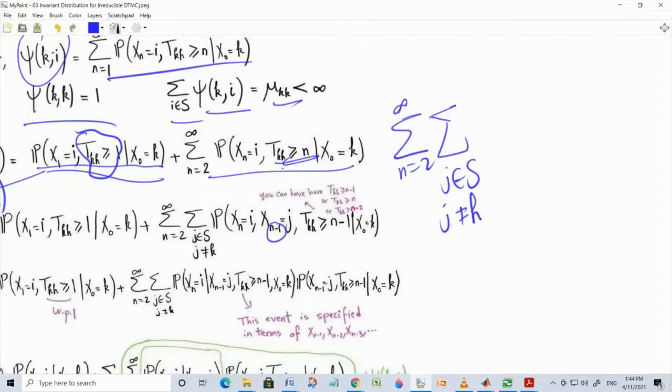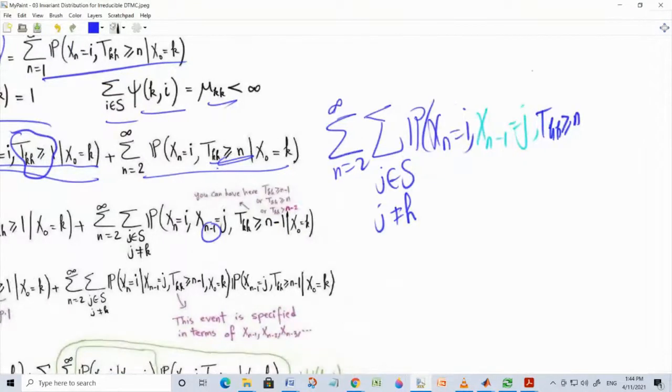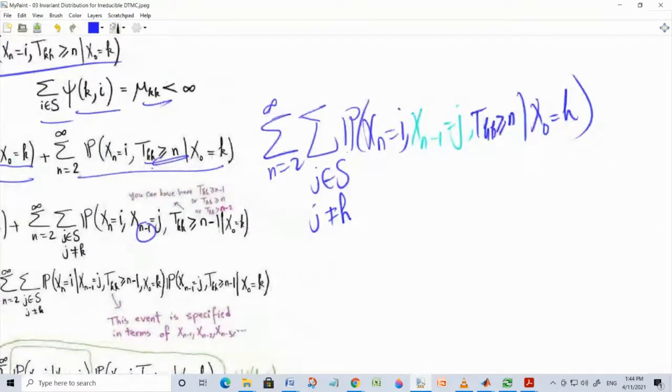So we have a summation over j not equal to k, and we have the probability that Xn is equal to i. This is what you insert: Xn minus 1 is equal to j, and then Tkk is greater than or equal to n, given that X0 is equal to k. And what is the benefit of doing something like this?